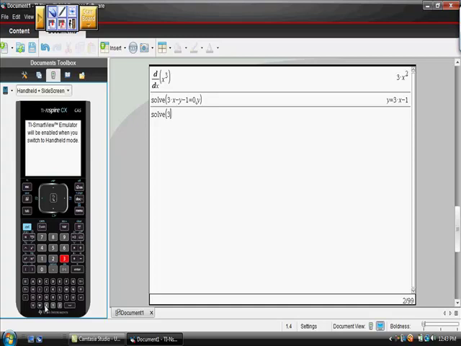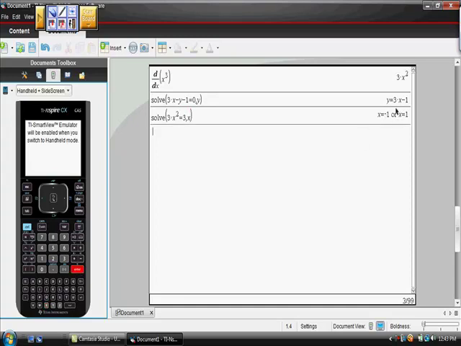When is 3x squared equal to 3? Now you're asking me where I got this. This 3x squared is the slope of the x cubed function, isn't it? This 3 right here is the slope of the line, and we want them to match, right? And we want to know that for what x values. So here, comma x, which means in terms of x, and hit enter.